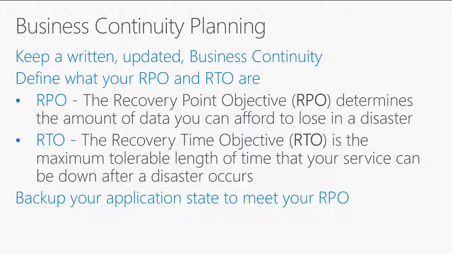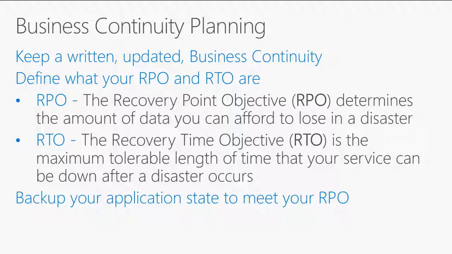Depending on your disaster, it can also include creating a new cluster elsewhere, in a different region or maybe in the same region. So that RTO needs to include that time.